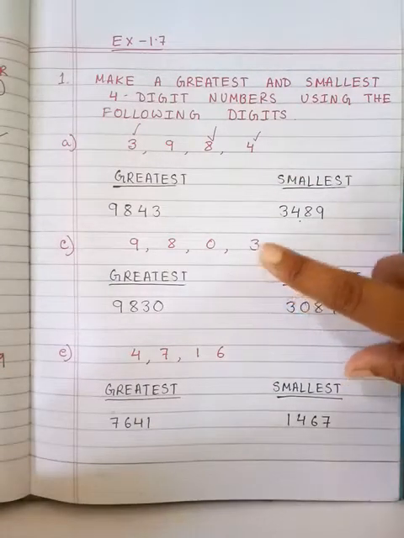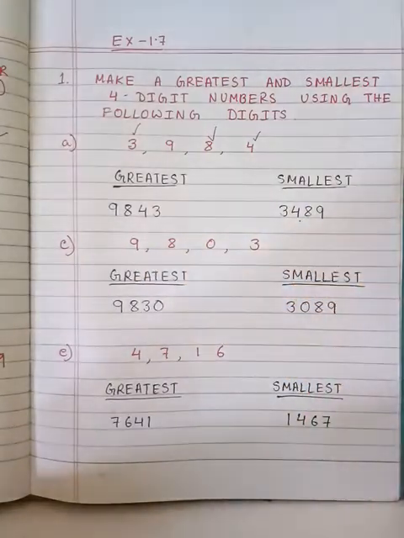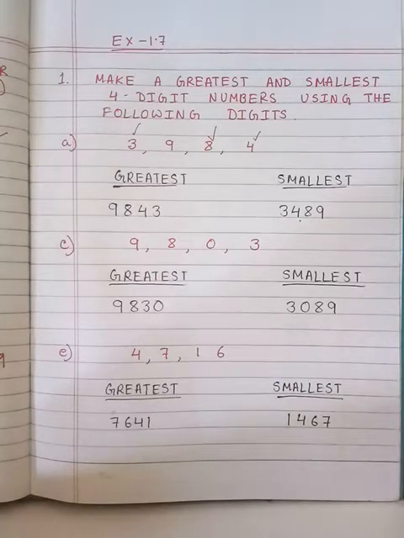Now the next sum, the digits are 9, 8, 0, 3. When 0 is present in the given digits, remember one thing: you can't start a number with 0. 0 cannot be the first number.